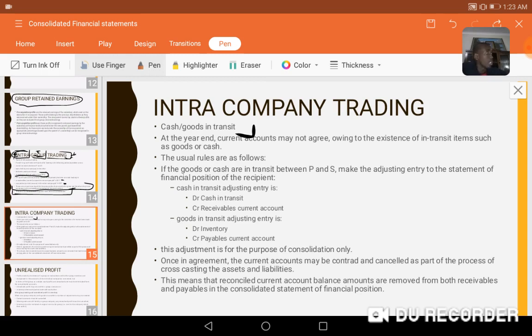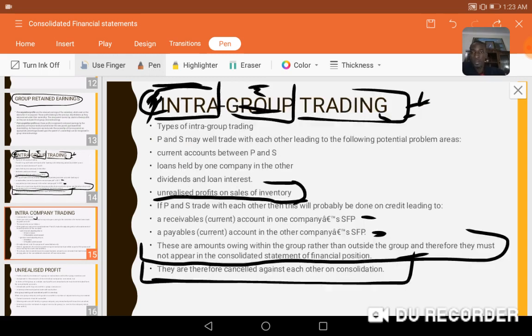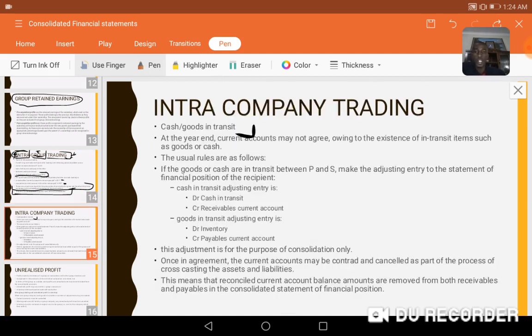For example, by the end of the year, the subsidiary is still owing, which is appearing on the books of the parent as a receivable. But at that time, the subsidiary has maybe released the check. So after releasing the check, obviously they will clear the amount or remove the amount owed on their books.